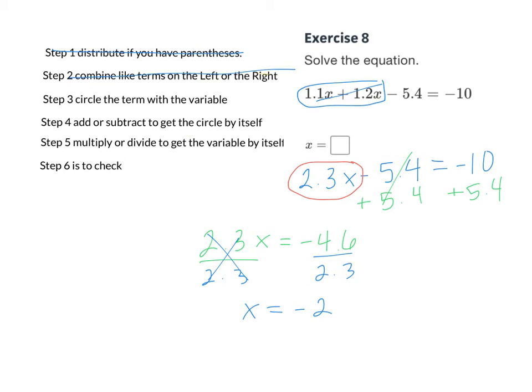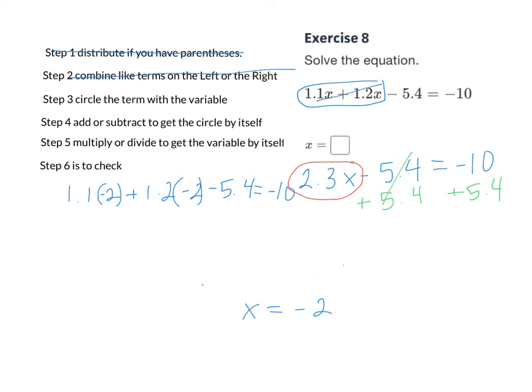Now let's check this. 1.1 times negative 2 plus 1.2 times negative 2 minus 5.4 has to give us negative 10. Let me erase some stuff here, make some room for the check. Alright, 1.1 doubled is 2.2, and a positive times a negative would be negative 2.2.